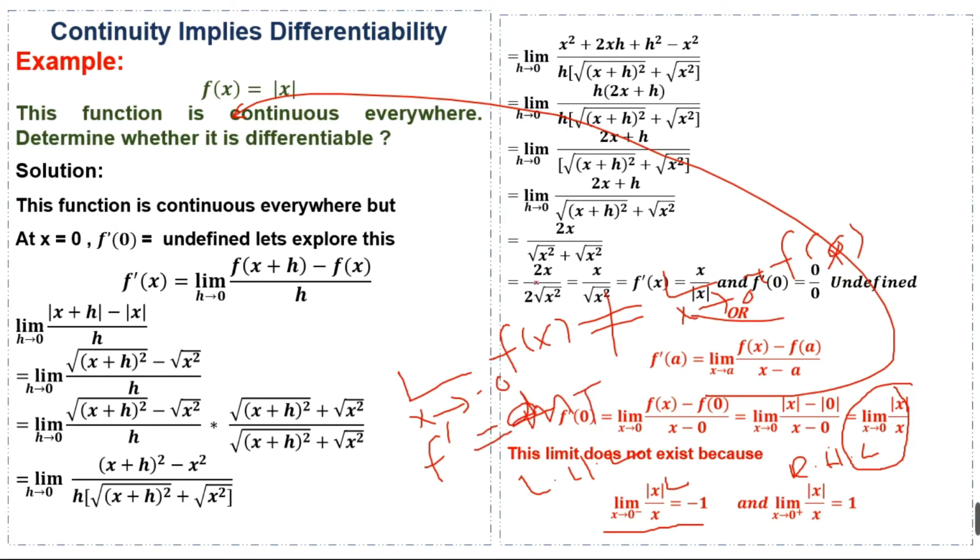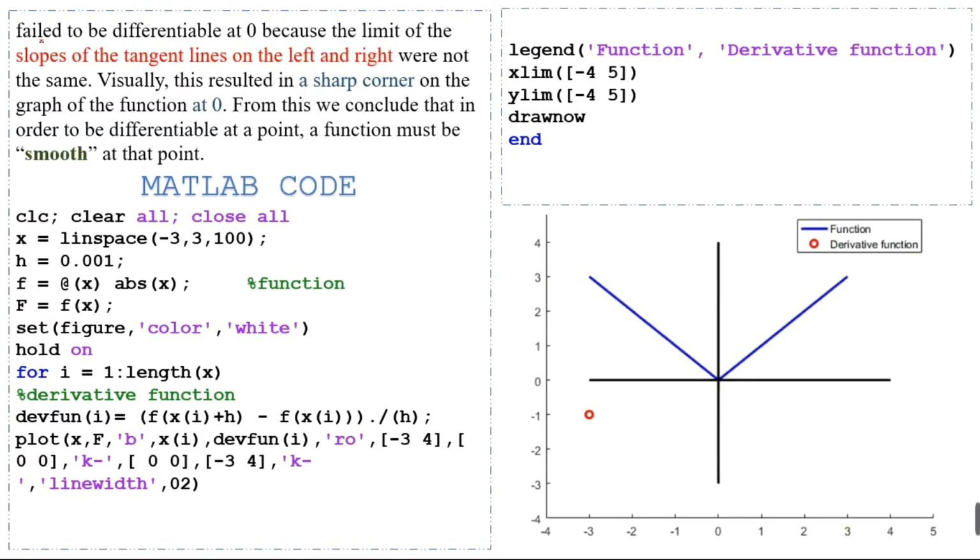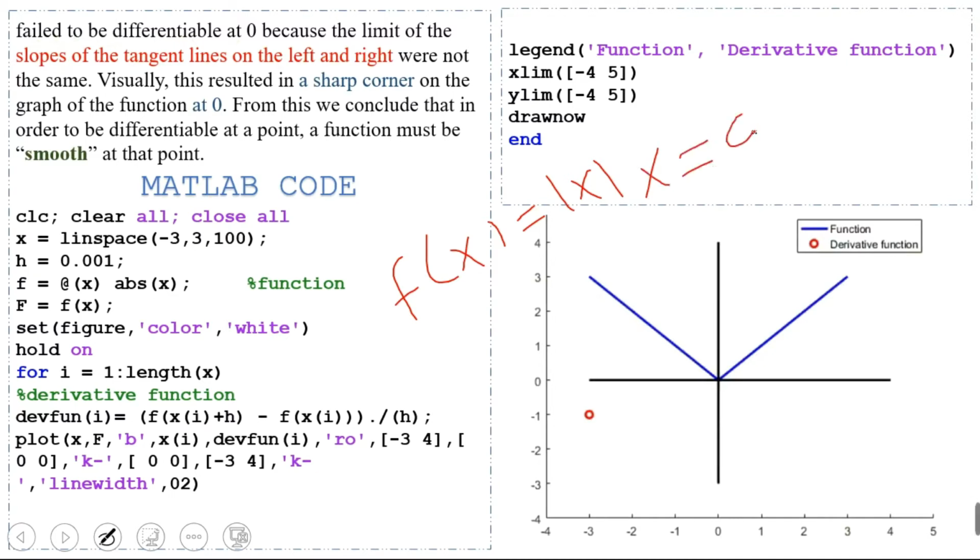Now this function f of x equal to mod of x fails to be differentiable at x equal to 0 because the limits of the slope of the tangent line on the left and right are not the same.